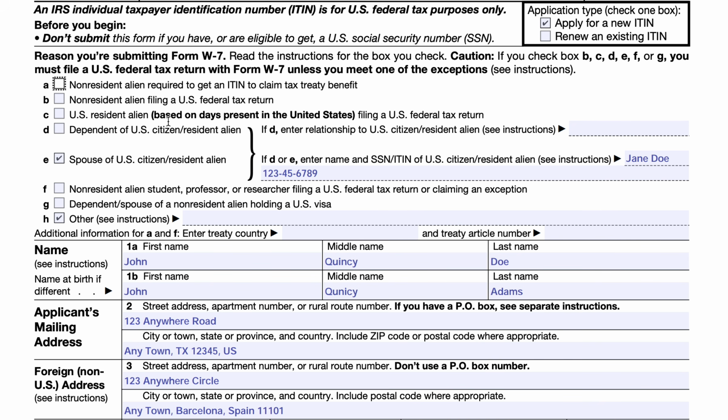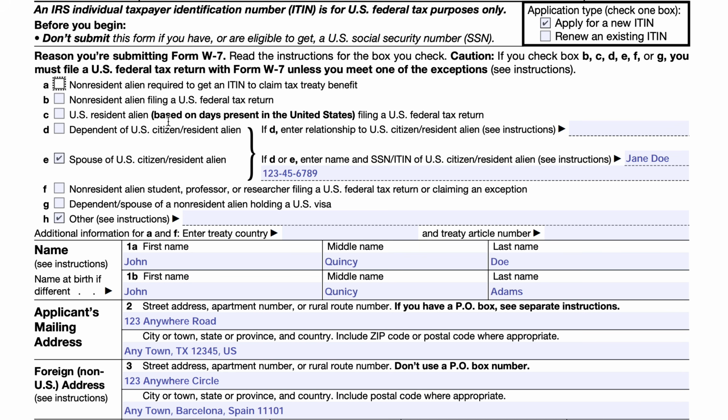Box B is a non-resident alien filing a U.S. tax return, so you need to file this form with your tax return. This can apply to a non-resident alien who must file a tax return in the United States to report income that's either effectively or not effectively connected to a trade or business in the United States, or who is filing a U.S. federal tax return only for the purpose of obtaining a refund.